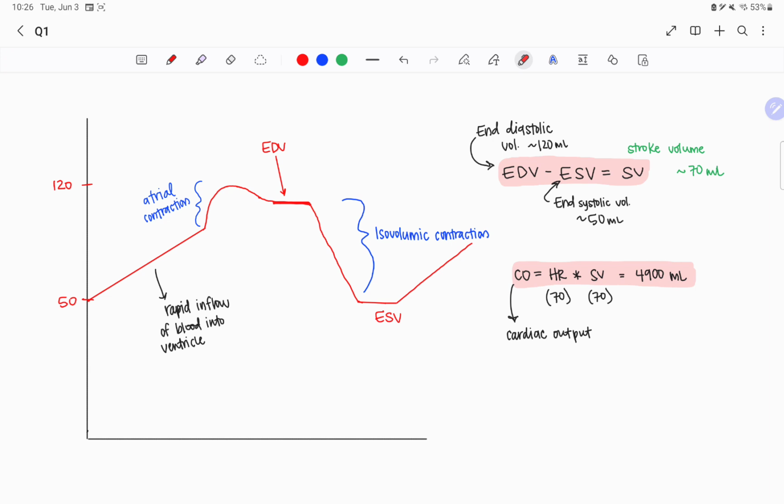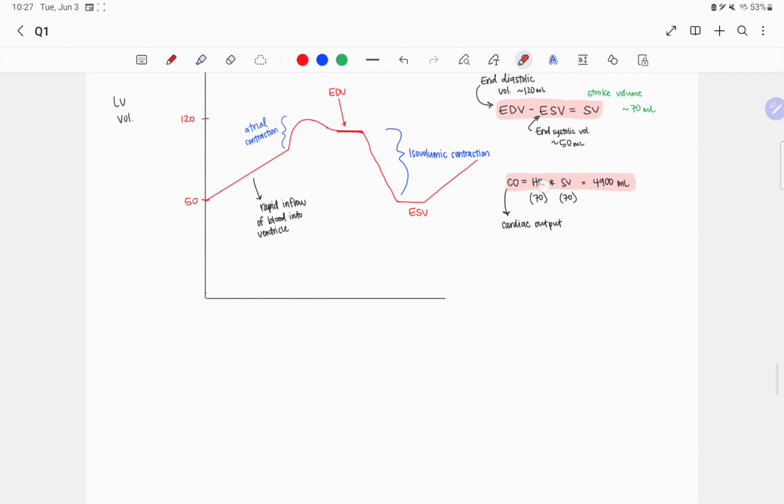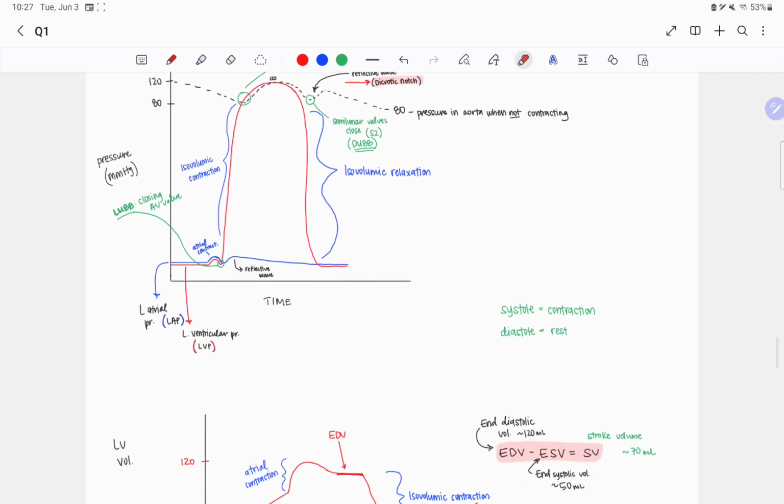So about every minute, if we have 70 beats per minute and a stroke volume of 70 milliliters per beat, then we're going to have about 4,900 milliliters, which is about 5 liters of blood every minute, I believe. Anyways, pretty cool. And so this is all called the cardiac cycle.